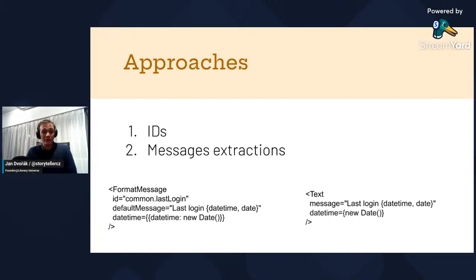I personally prefer the ID method because it gives you much more control. It also makes you much more economical in messages, and you're looking for reusable IDs, and think more about these language things. While message extraction, I think, is a bit more prone to being sloppy about these things.